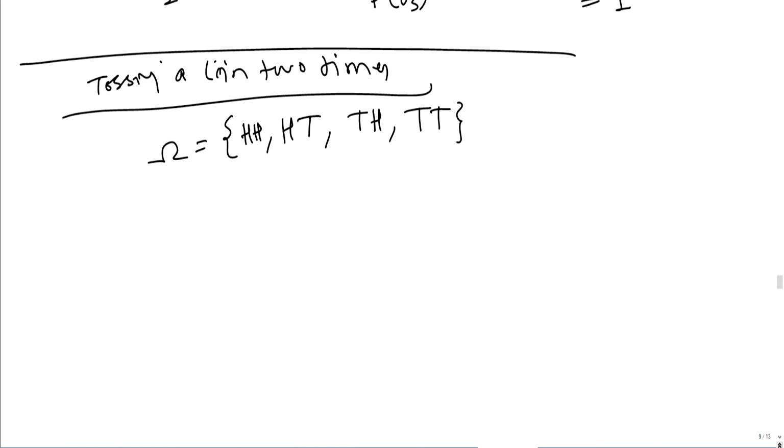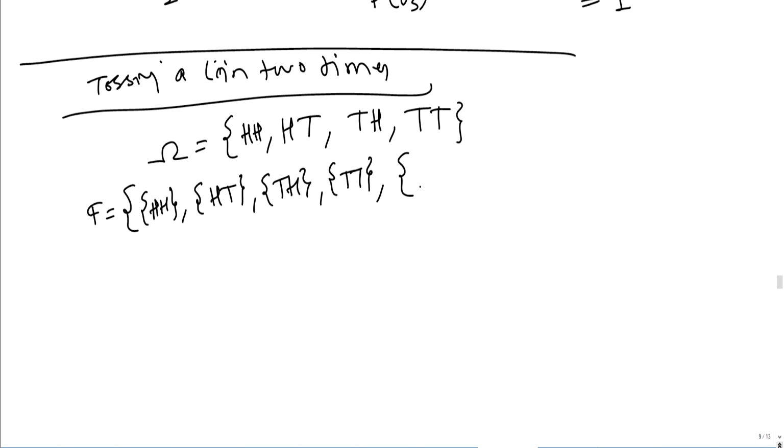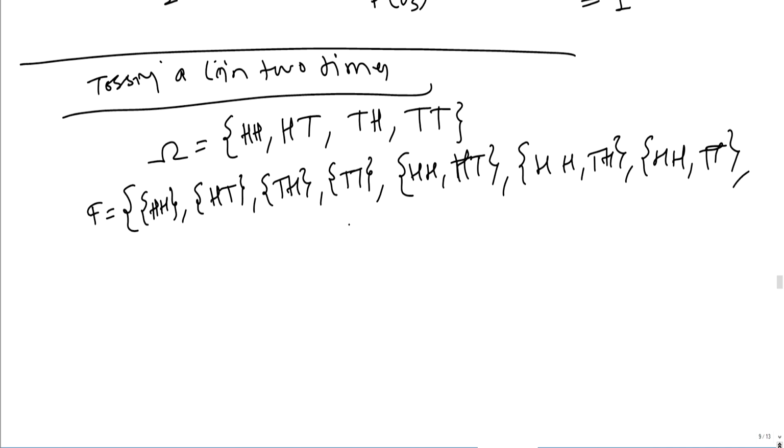What would be your event space? It would be very big, by the way, now. So event space, basically all the possible subsets. First, you can think of these elementary events: HH, HT, TH, TT, right? And then combinations of these. So HH and HT, HH and TH, right? HH, TT, right?